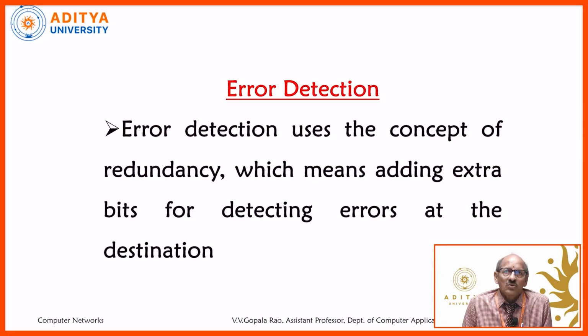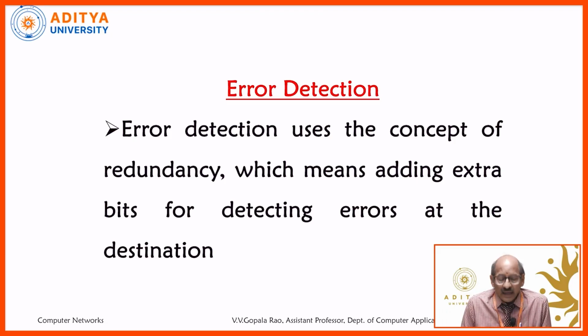Error detection uses the concept of redundancy, which means adding extra bits for detecting errors at the destination. So here we are very much interested in following a procedure called error detection, by which you identify whether an error has occurred or not. That's all. Whether an error has occurred or not, if you are going to verify, that procedure is called error detection.